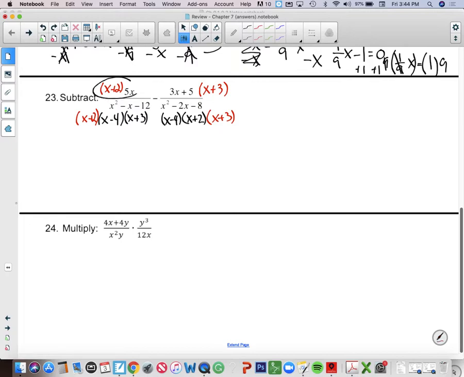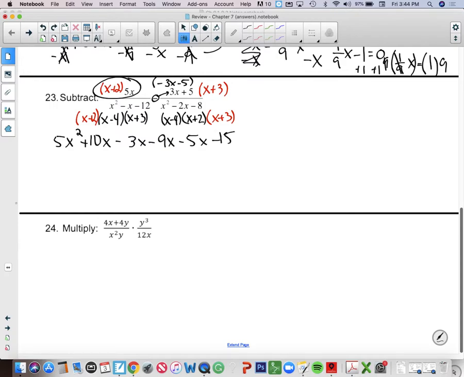So here, we're going to get 5x squared plus 10x. And then we're going to have a minus, so we can kind of take this into this right now. So it's negative 3x minus 5. Foil that out with the x plus 3. So it'll be negative 3x squared minus 9x minus 5x minus 15.